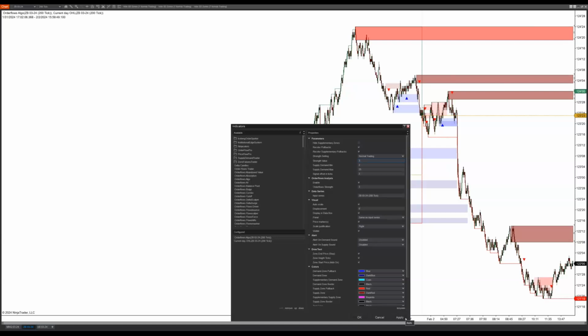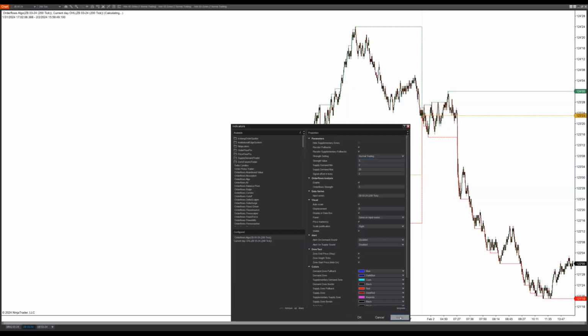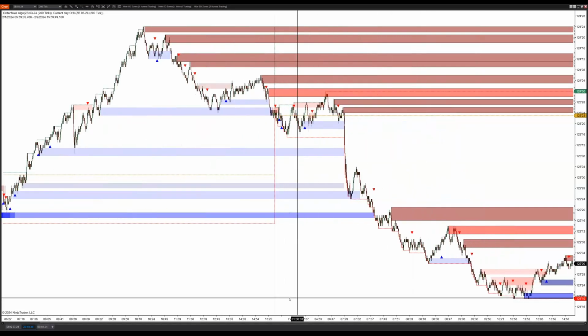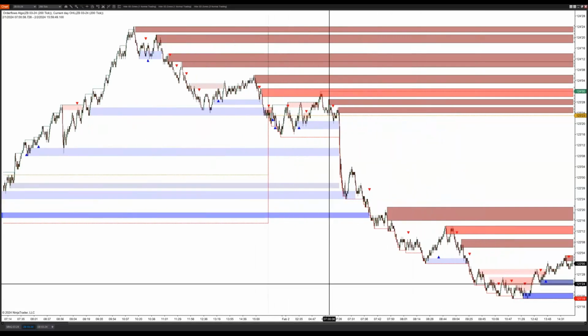When trying to determine, based on the market you're looking at, what is the best strength value, you can start at 1 and go 1, 2, 3, 4, 5, 6, 7, 8, 9, 10, or you can just go 1, 3, 5, 7. Because the differences between 1 and 2 or 3 are small, but the move from 1 to 3 is going to be a bit better.